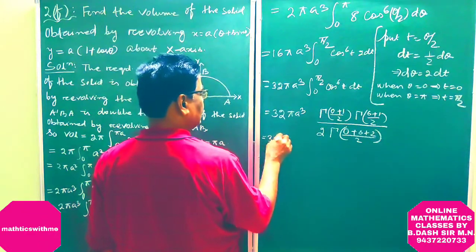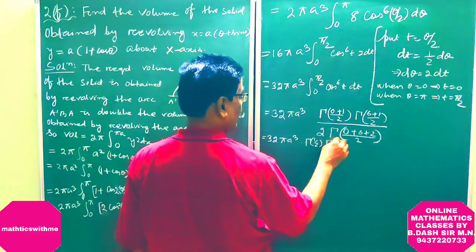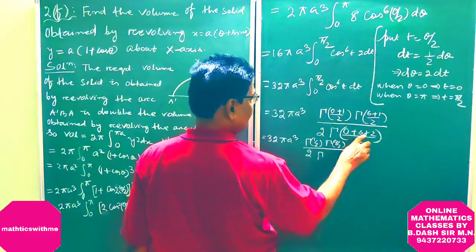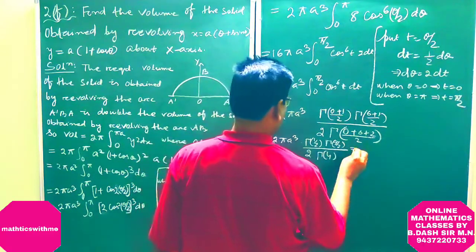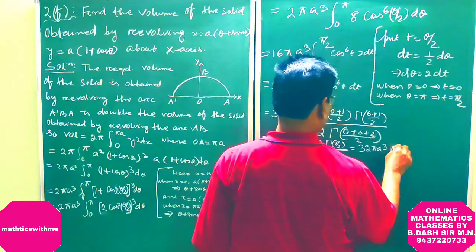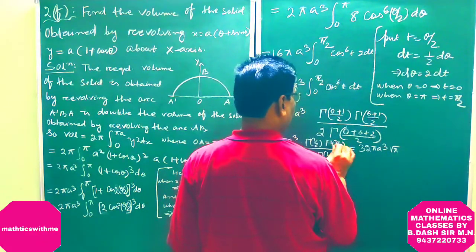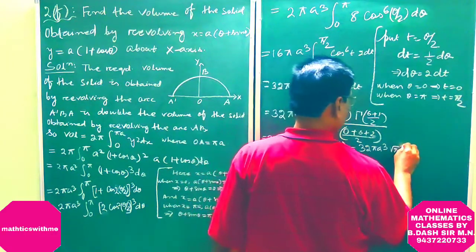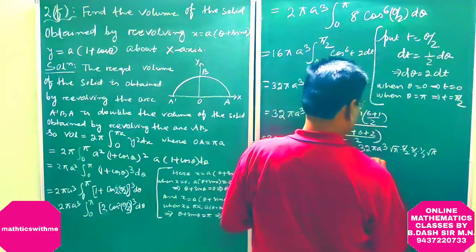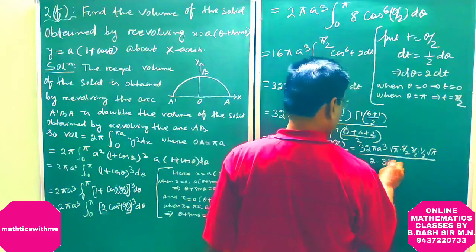This is equal to 32πa³ Γ(1/2) Γ(7/2) over 2Γ(4), which equals 32πa³, where Γ(1/2) is √π, and Γ(7/2) is 5/2 · 3/2 · 1/2 · √π, divided by 2, and Γ(4) is 3 factorial.